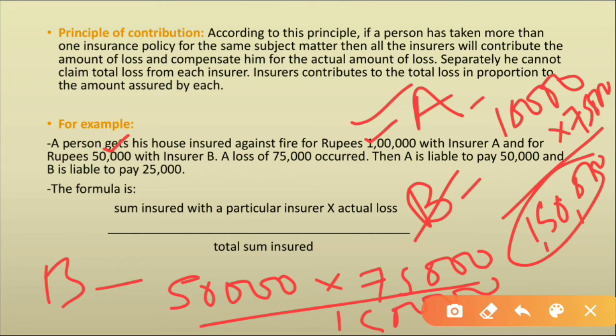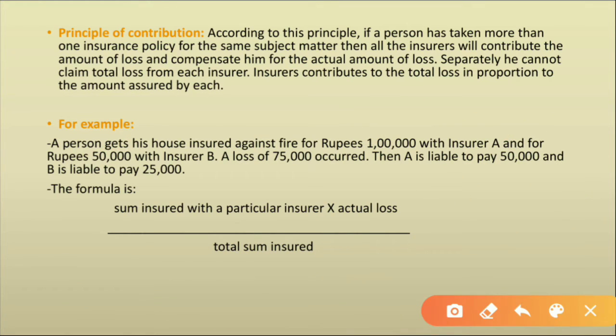So this is the amount which B has to give. When you calculate this, you will exactly get that A has to pay 50,000 and B has to pay 25,000. So this is what the principle of contribution says: both companies will contribute to compensate the person for the loss.